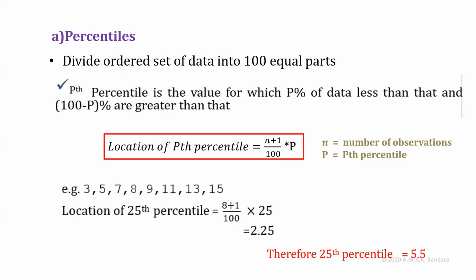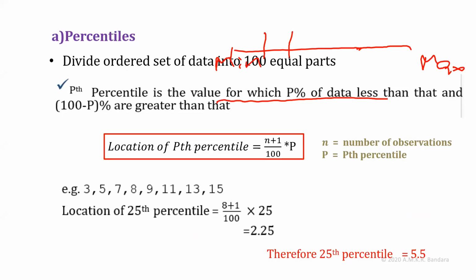If we have the minimum value of our data set and the maximum value, the percentile will divide this data set into 100 equal parts.